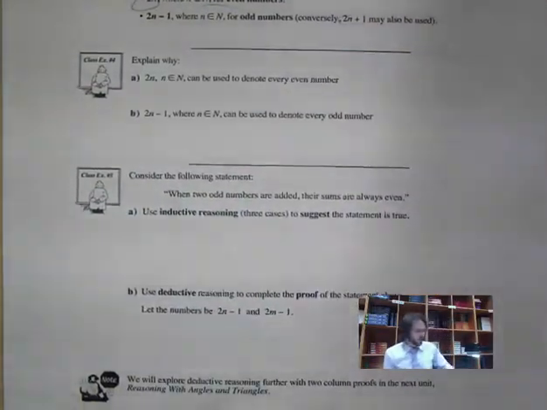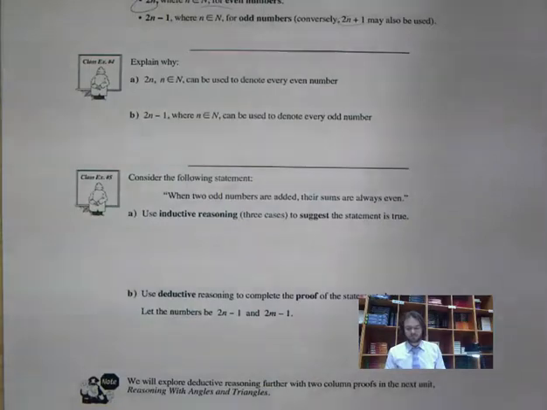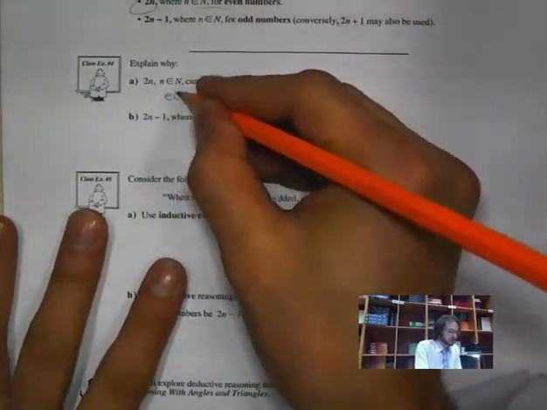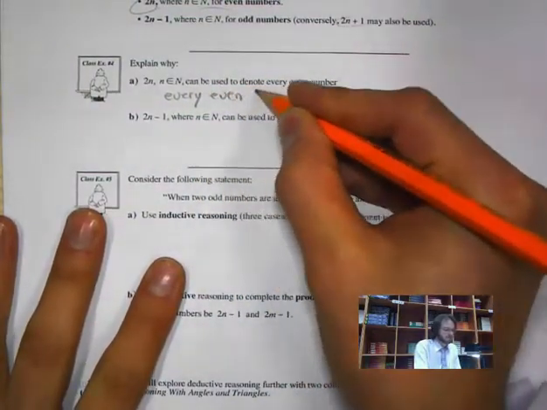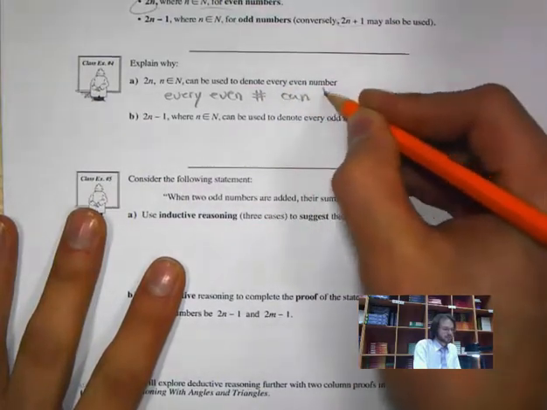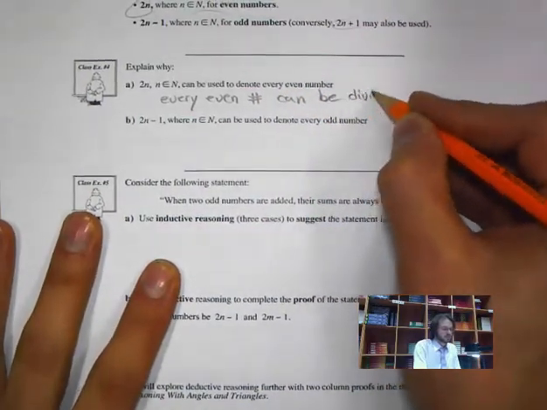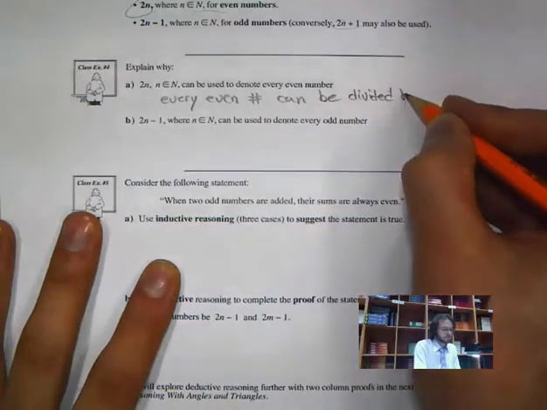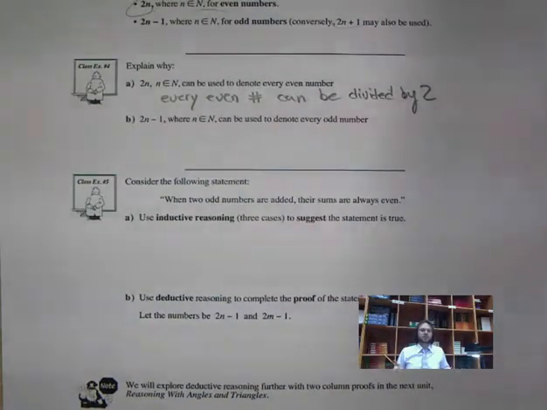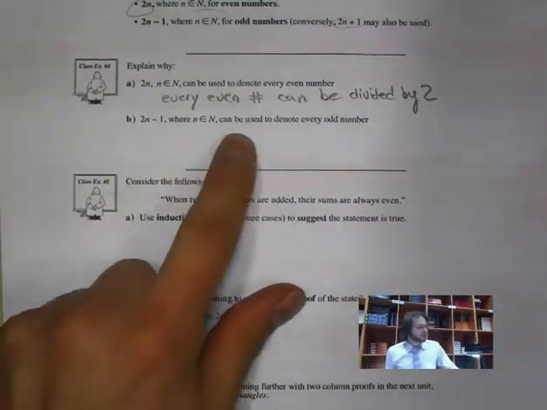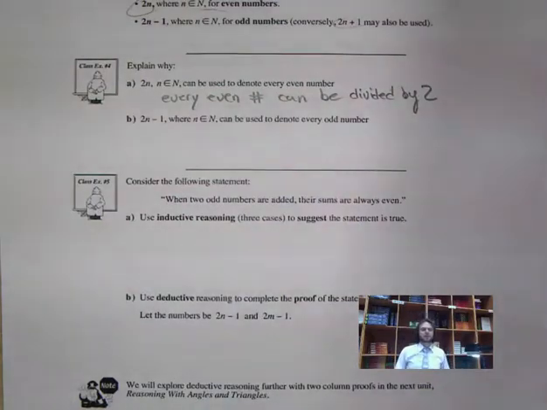So, explain why 2n can denote every even number. Because every even number can be divided by 2. Or every even number is a multiple of 2. Now, explain why 2n minus 1 may denote every odd number.